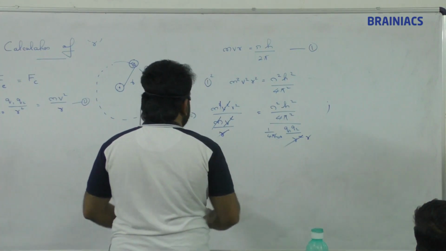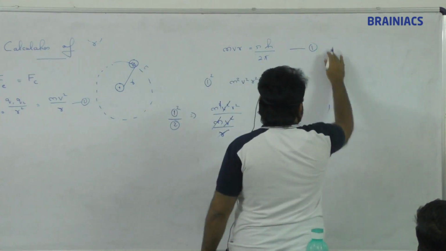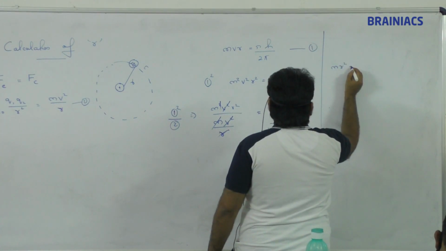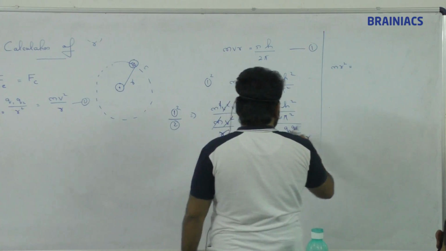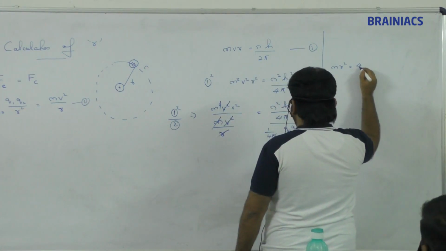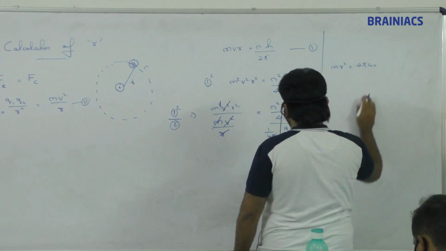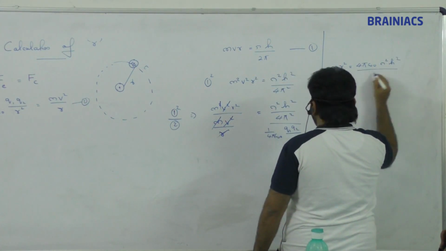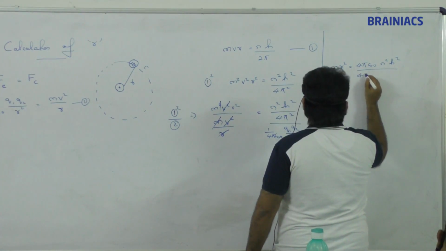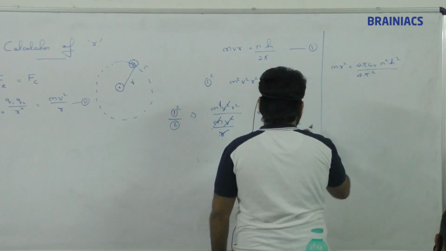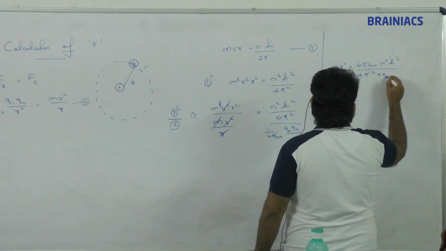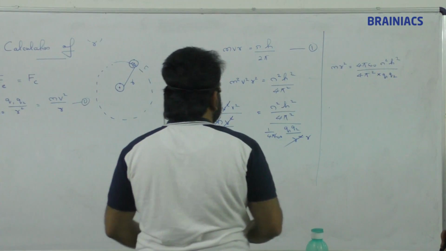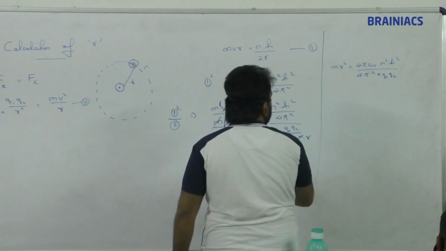So m r square is equal to, finally, 4 pi epsilon naught n square h square divided by 4 pi square, and q1 q2 also goes here. Clear?